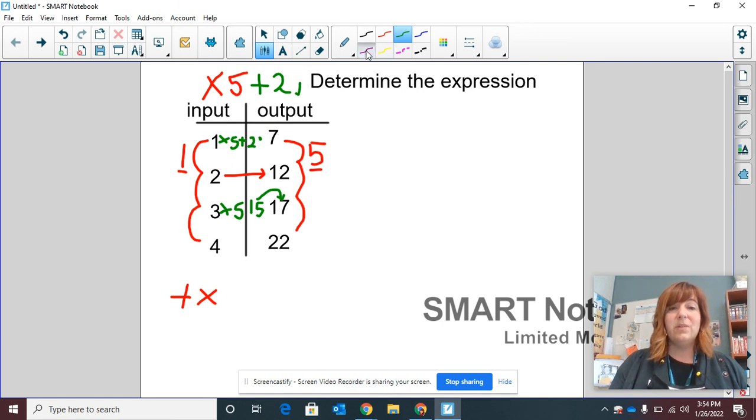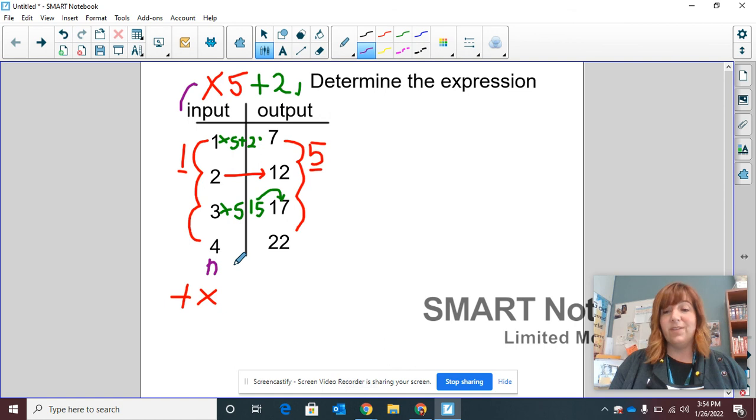Now, in order to make this an expression, I have to use my machine to say the rule of what's happening to go from input, what's going in, to figure out what's coming out. Well, input can be represented by the letter N. This is a variable. This can be any number. We don't know what number it is.